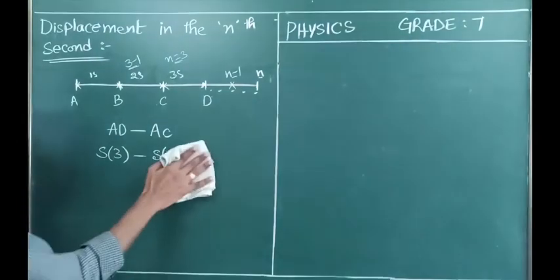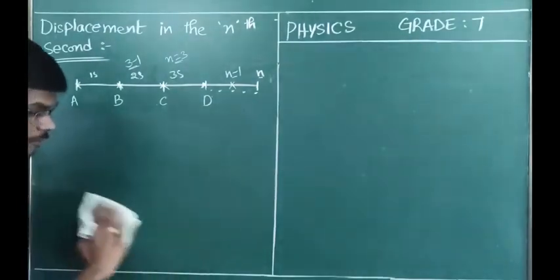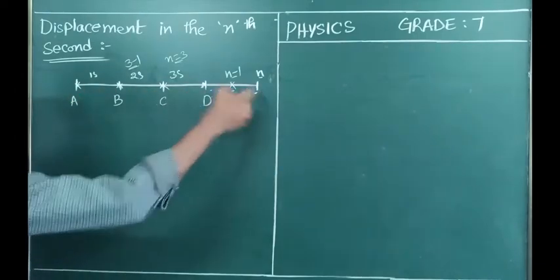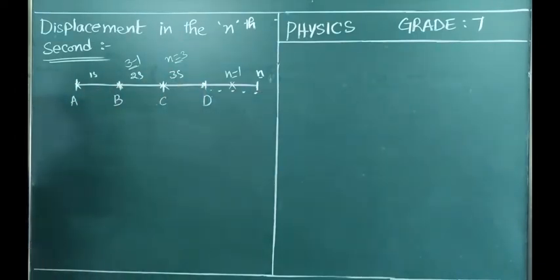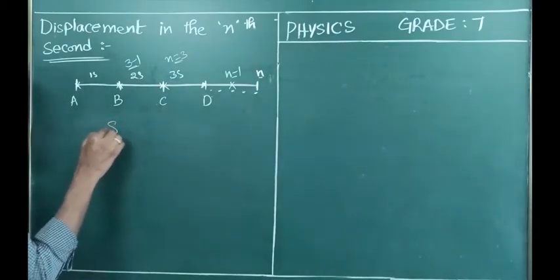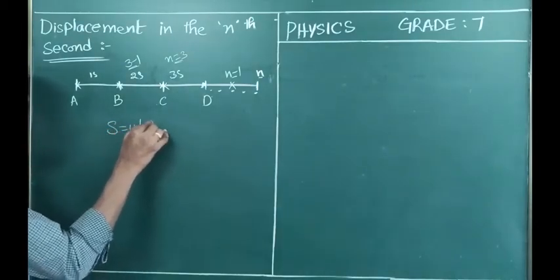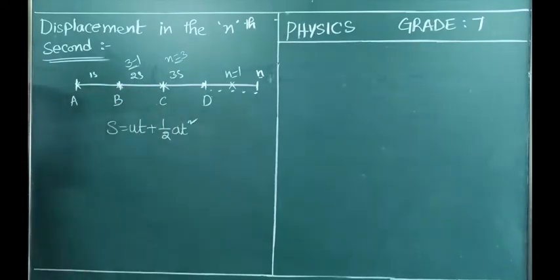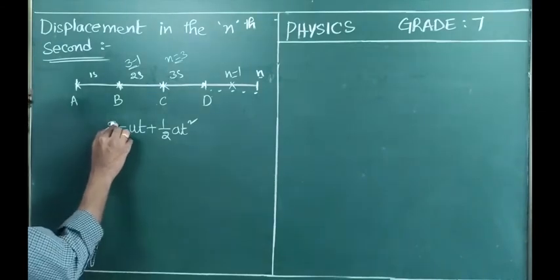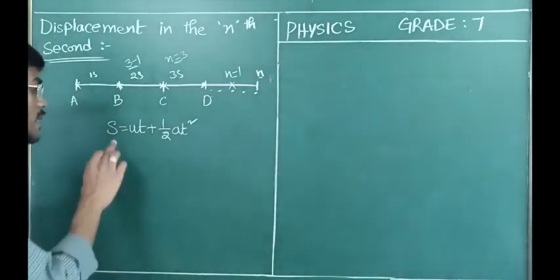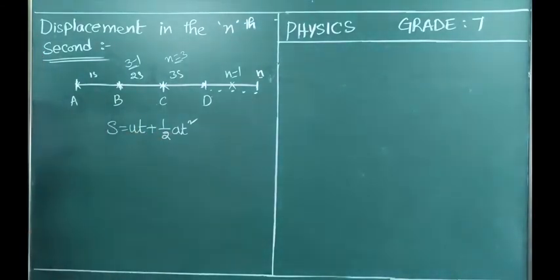So for that, what we have is the formula. See, first find out the total distance travelled in n seconds. By using S is equal to ut plus half at square, which gives us the relation between the displacement travelled by an object in a time of t seconds.